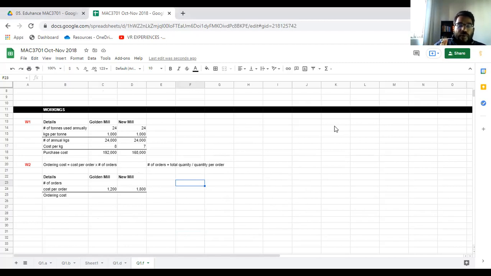When you use the economic order quantity technique, your number of orders is equal to total quantity divided by EOQ. So we know the total quantity.